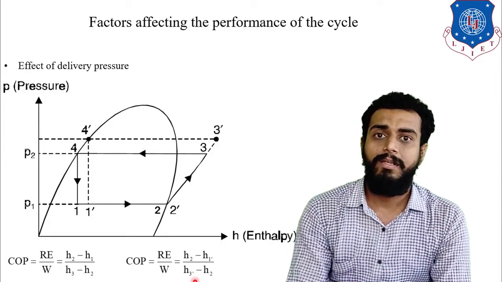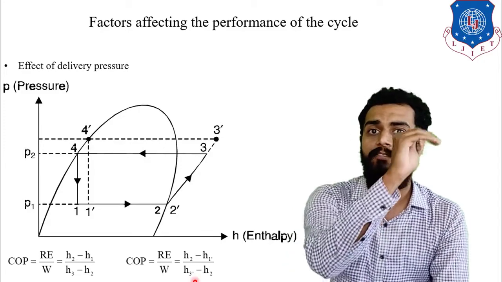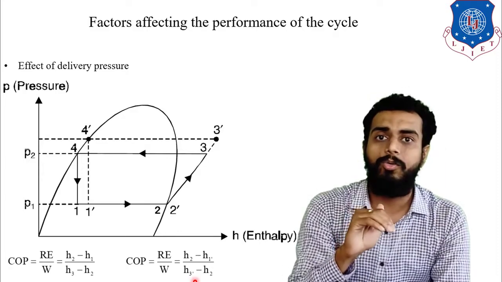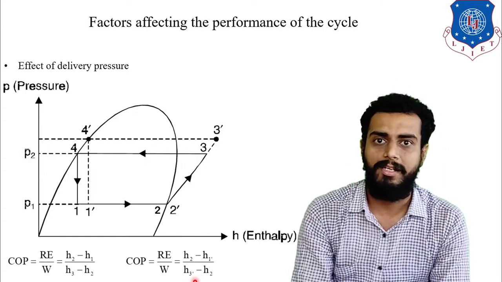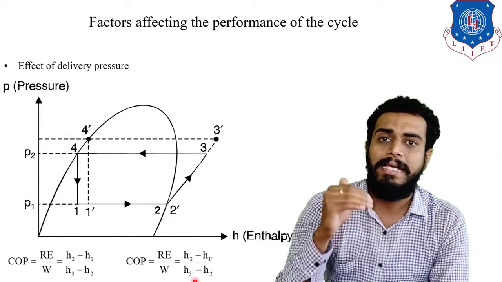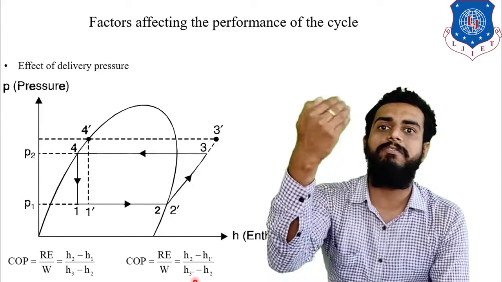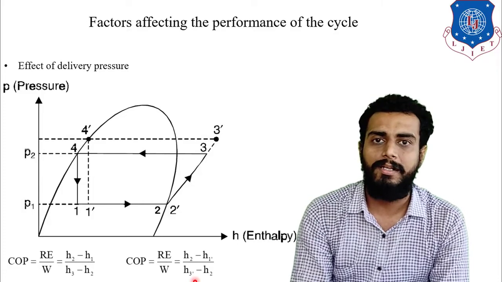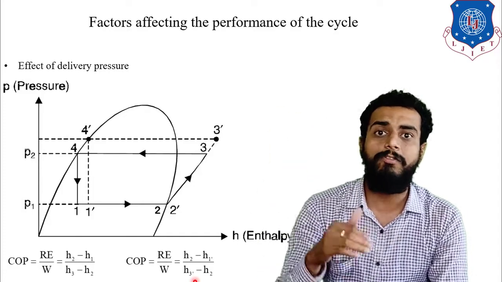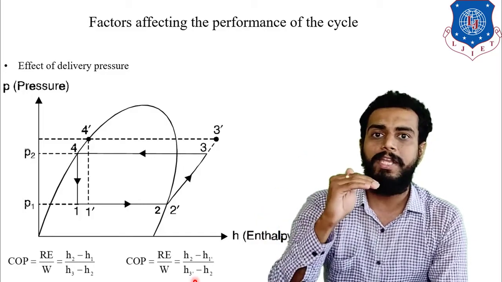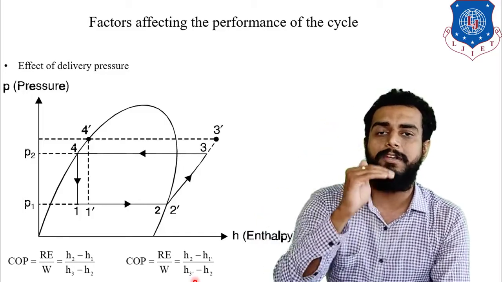So now you have to compress the vapor more in order to increase the pressure and the corresponding temperature, right? Because if you increase the pressure, then your temperature will also increase. Sir, you are talking about atmospheric temperature, so how will it be affected? Simple. If you increase the pressure, then the temperature will also increase.